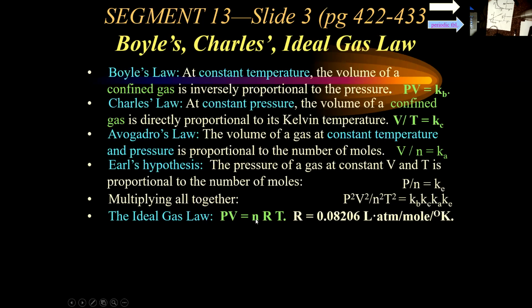I can put 1 mole of some gas in some container at 1 atmosphere pressure and at 0 degrees Celsius, which would be 273.15 Kelvin.